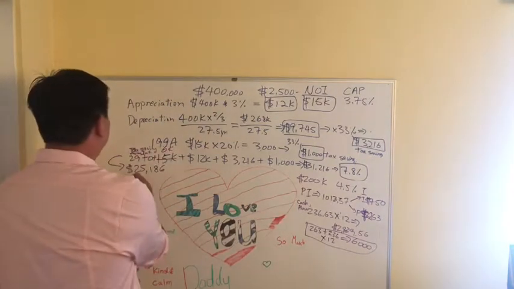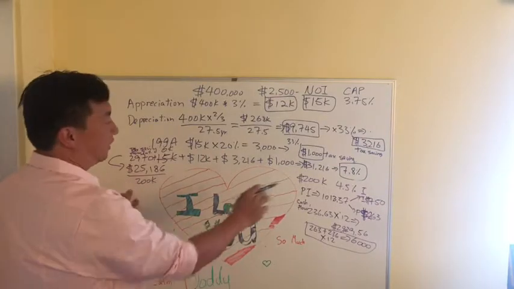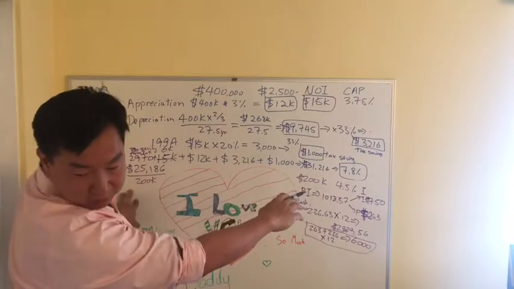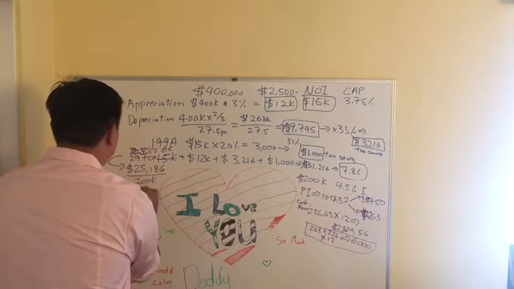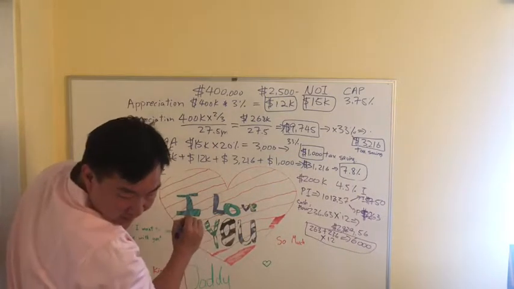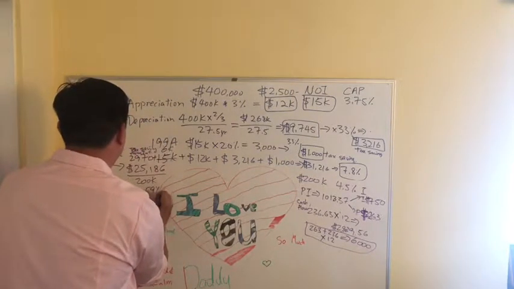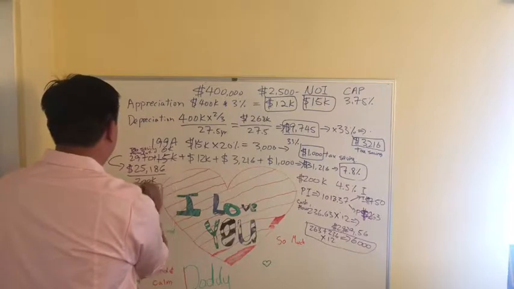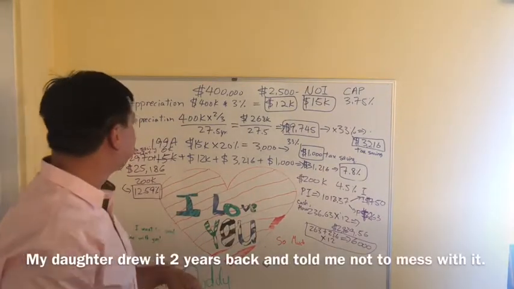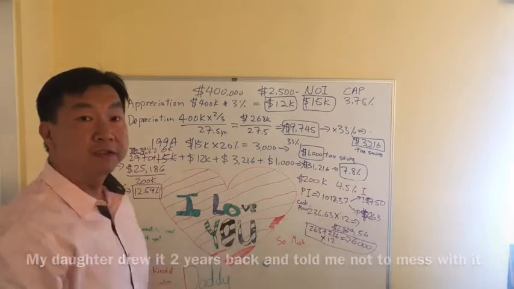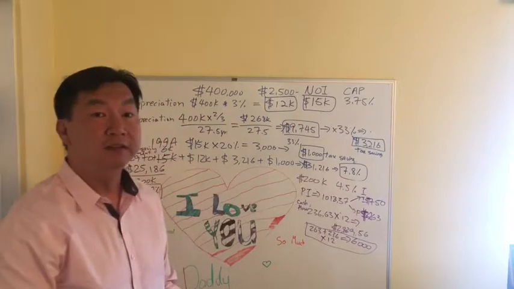So if you divide that by $200,000, instead of getting a 7.8% return, you are getting 12.59%. I'm going to have my kid fix that later. 12.59% is a lot better than this one.